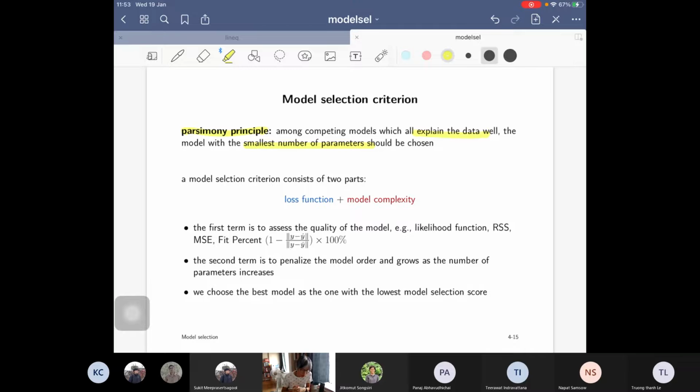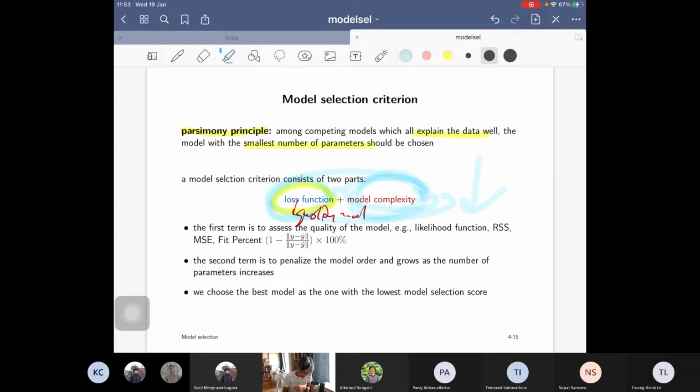The model selection criterion consists of two parts. The first one is the loss function, which tells the quality of the model. The second concern is model complexity. The model selection score says that you should pick the model whose score is minimized. It consists of two parts, and these two parts are not low at the same time.